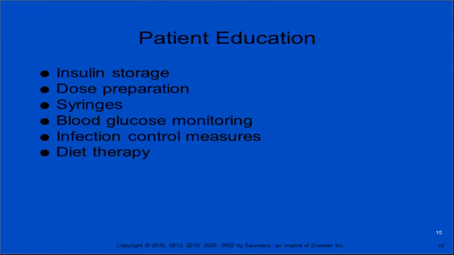Infection control measures. All patients are at risk for increased infection, especially if they get any types of sores on their body, because the infection makes the insulin levels increase, and that puts the patient at increased risk for diabetic ulcers, and of course appropriate diet therapy.